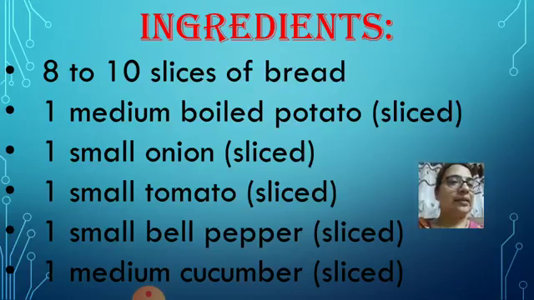Now, which ingredients are required to make a healthy veg sandwich? We are going to note down: 8 to 10 slices of bread, 1 medium boiled potato sliced, 1 small onion sliced, 1 small tomato sliced, a small bell pepper sliced, a medium cucumber sliced.